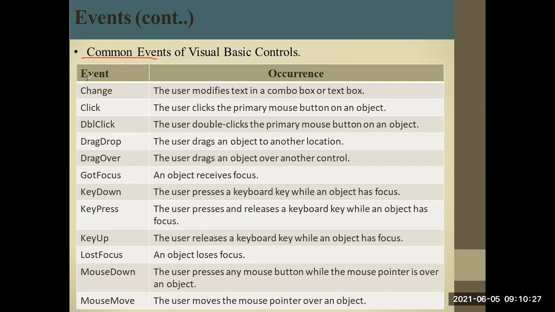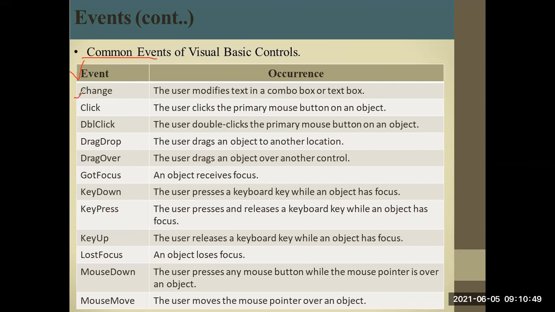So now, whatever events are listed here in this table, these are some events that are generally associated with the different controls that we are using in Visual Basic or Visual Programming. So what are the events? The first one is change.